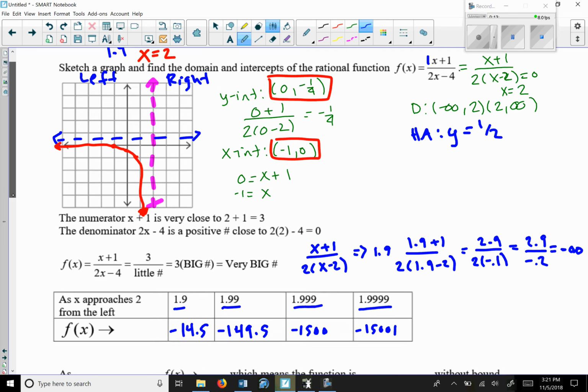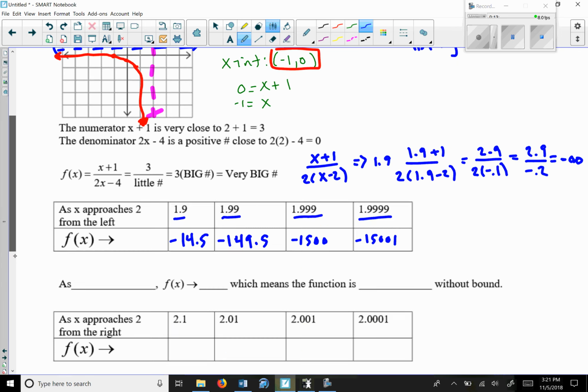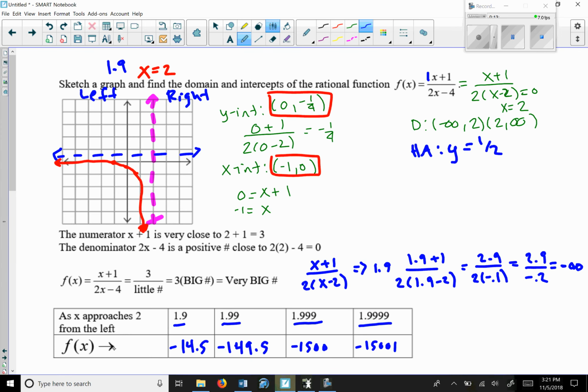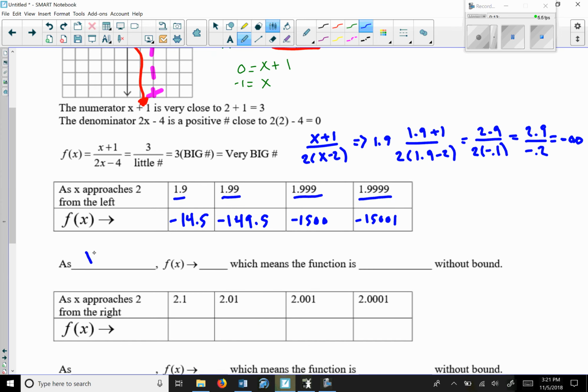So we actually are going to start getting into some calculus writing of this. The way that you can write this out, you would say, as x approaches, and in this case we're approaching an x value of 2. So as x approaches 2, we said that our y values are decreasing, so they're going towards negative infinity, which means they're decreasing without bound.